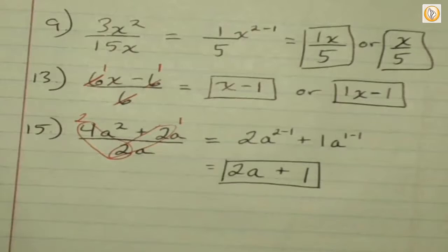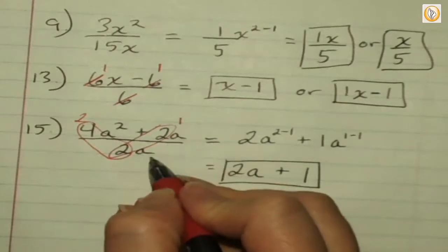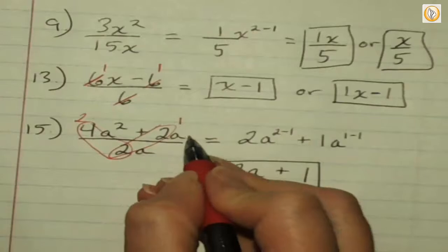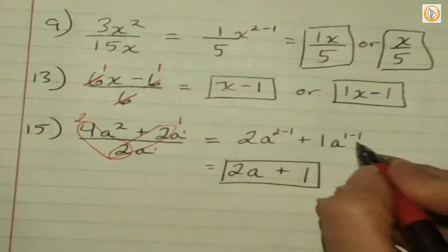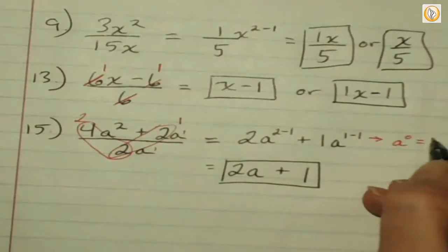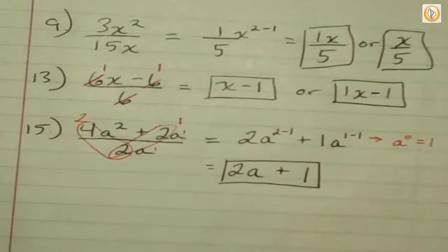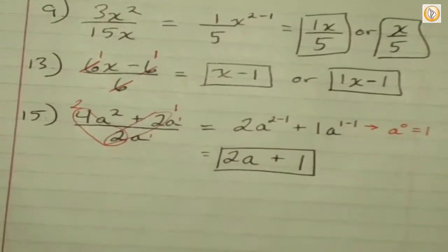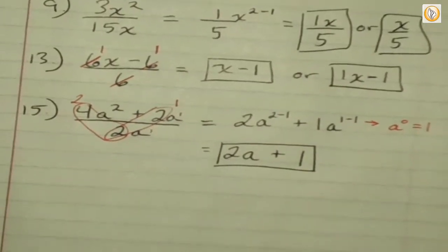How did you get the 1 minus 1? Right here. Oh, that'd be 1 minus 1. And remember, this would then be a to the 0, which is 1. And 1 times 1 is 1. Any questions?